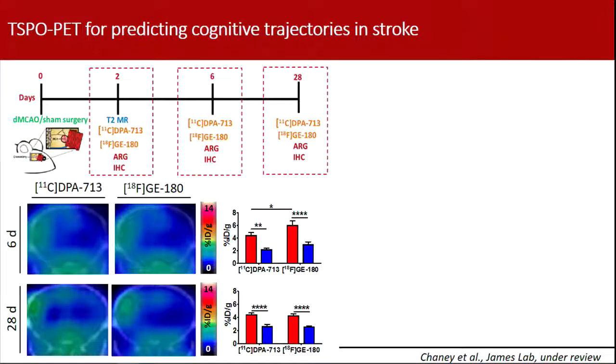What I'm not showing you here is that we did a lot of immuno, and we correlated the level of TSPO expression and microglial activation with the actual signal from each tracer. It correlated very nicely with DPA, but actually not as well with GE180. It was kind of a flat line. So in this model, at least, it seemed that DPA was giving us more of an accurate depiction of microglial activation.